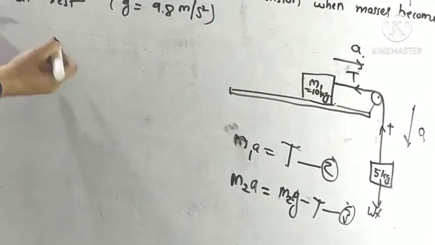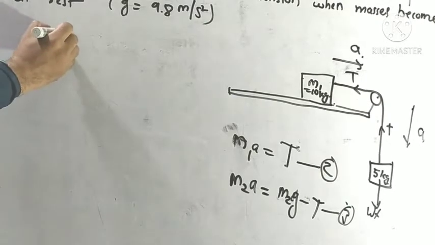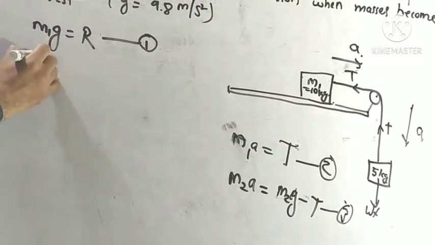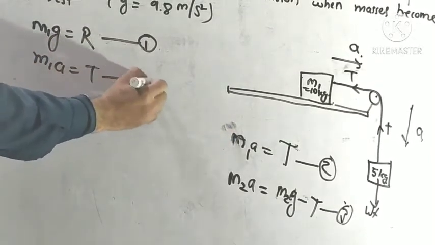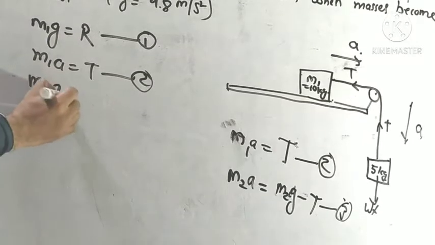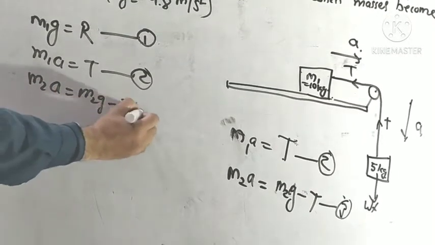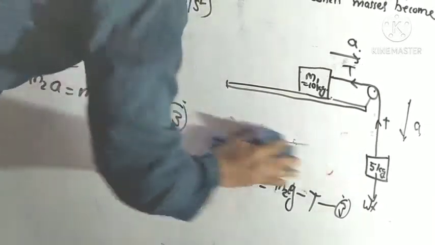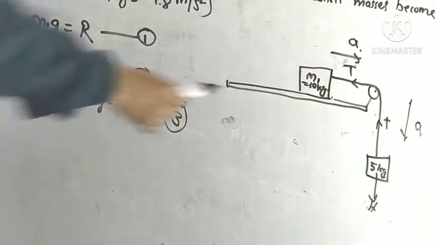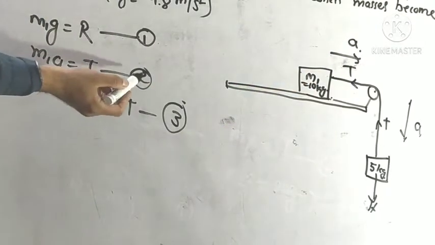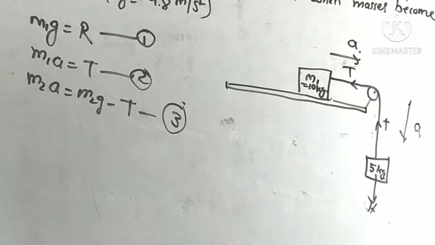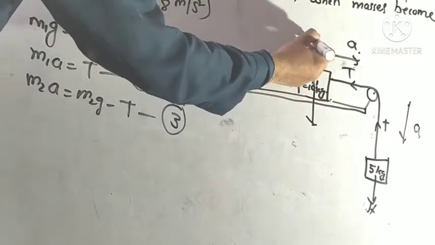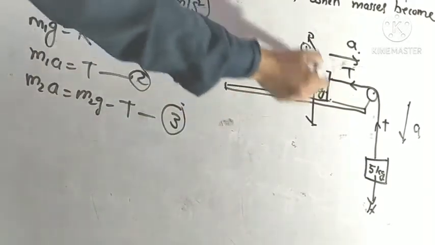The first is m1g is equal to R, equation number 1, then m1a is equal to T, equation number 2, and m2a is equal to m2g minus T, equation number 3. We have 3 equations, but we use only equation number 2 and equation number 3 to find the acceleration and tension T. The weight of this body and the normal force have equal magnitude but opposite directions, so these both cancel each other.